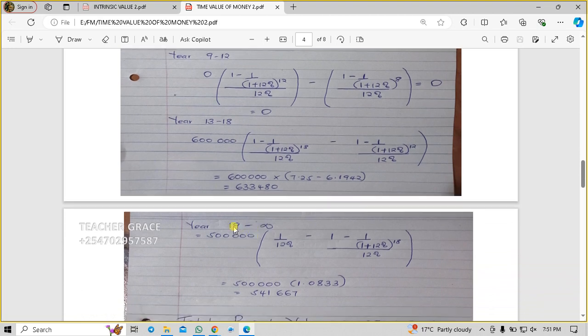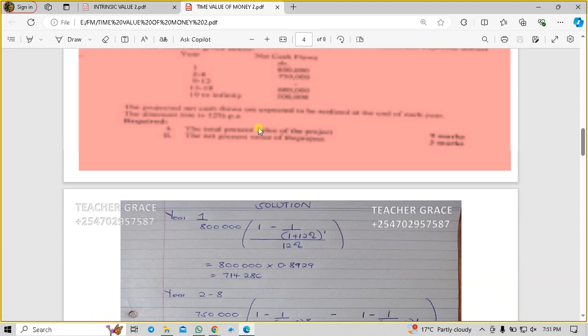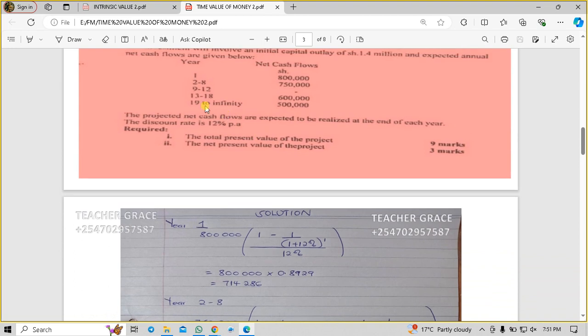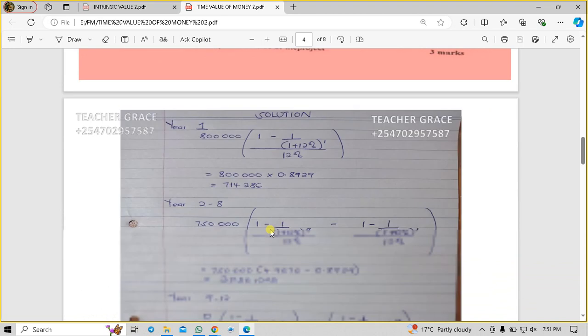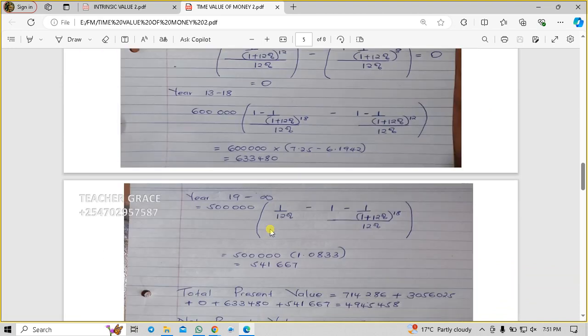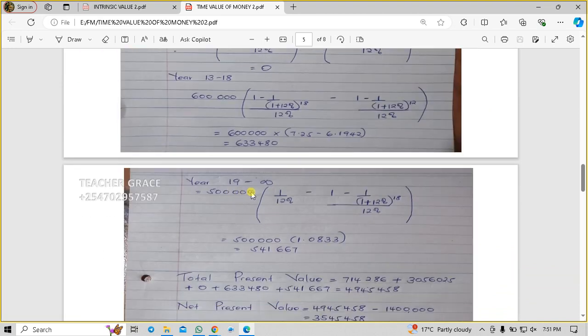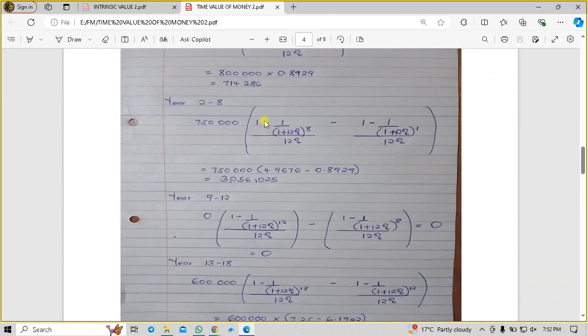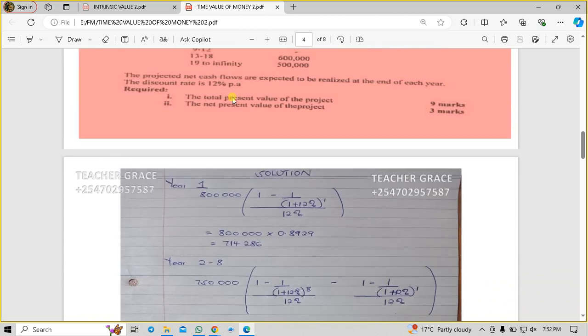So from year 19 to infinity, that is our last year, we have it as 500,000. So we are going to say 500,000 into bracket. The first part will be a bit different because we have infinity. We are going to say 1 over the discount rate. Our discount rate is 12% per annum.